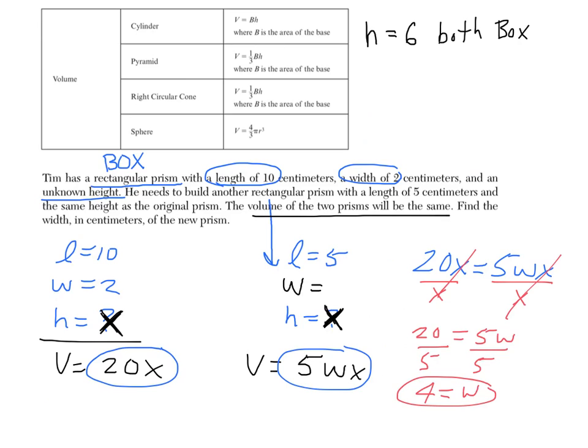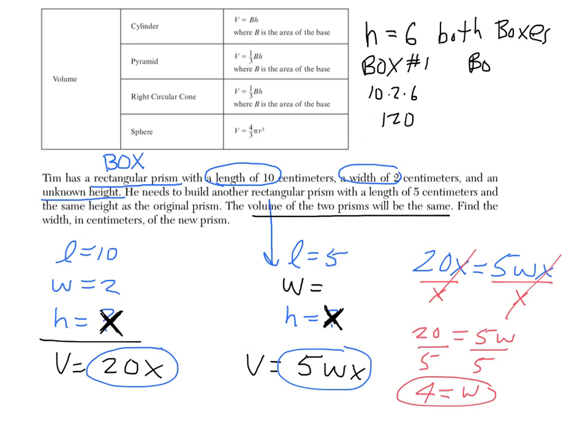If you do that, the first box, box number 1, will have a volume of 10 times 2 times 6, or 120.